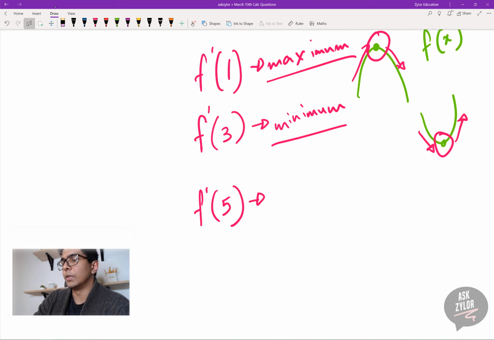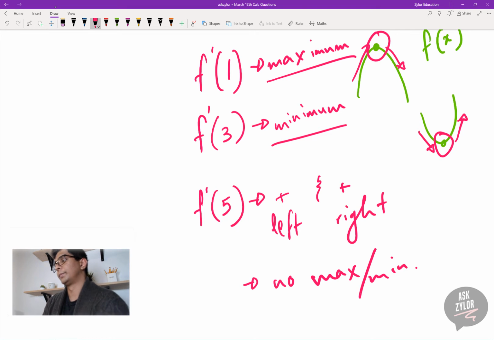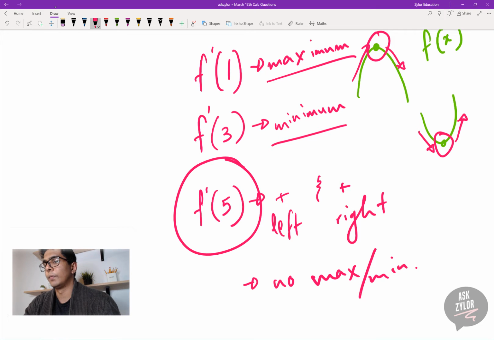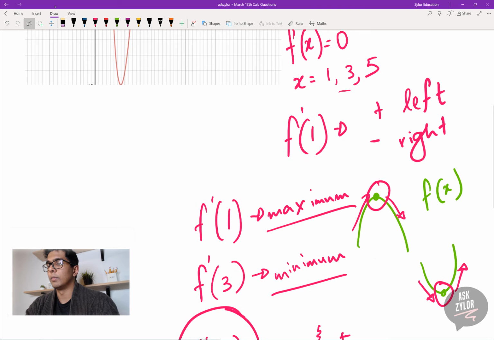So what that means is we have no maximum or minimum. So there's no local extrema at 5, but we do have a local maximum and a minimum at 1 and 3.